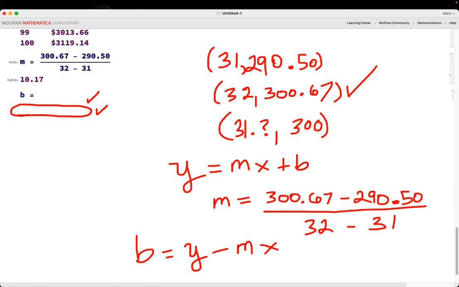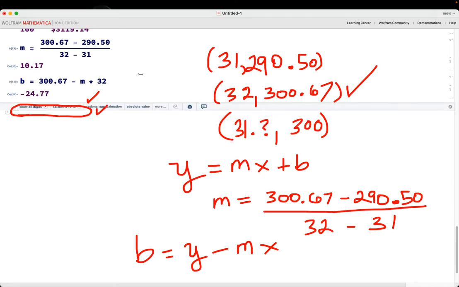So b is equal to y, which is 300.67, minus m times x, which is 32. So 300.67 minus m times 32. And that's, okay, so the slope is 10.17 and the y-intercept is negative 24.77.